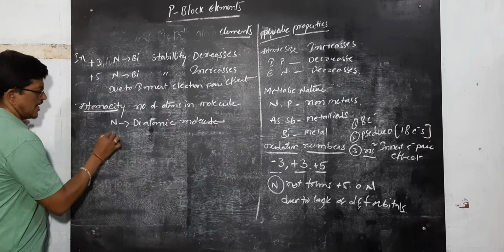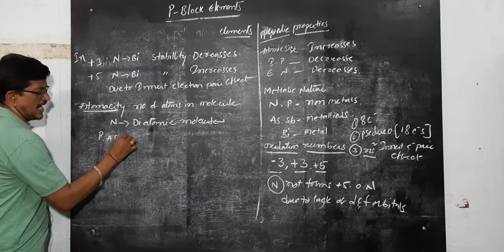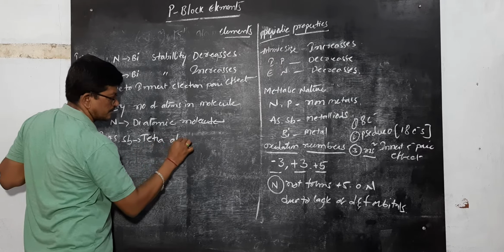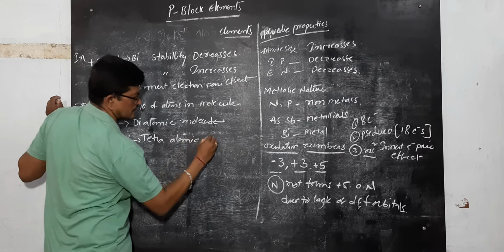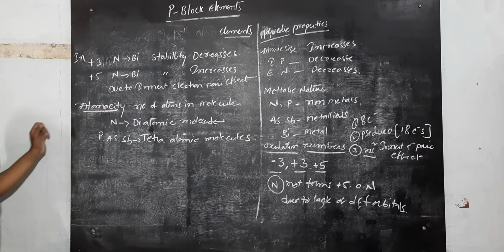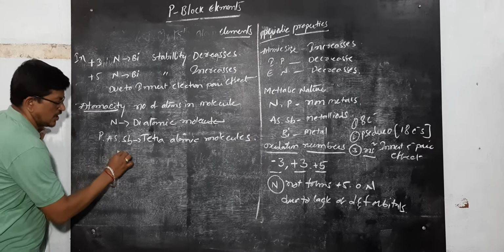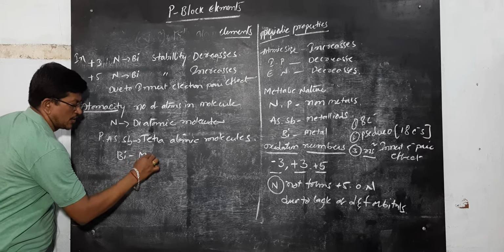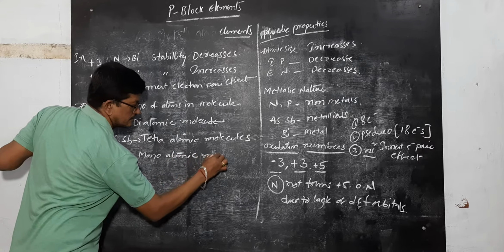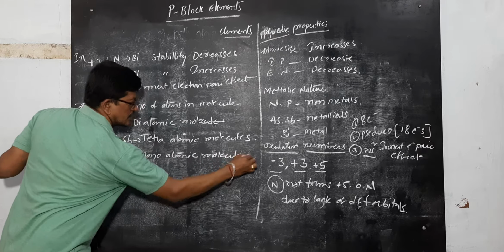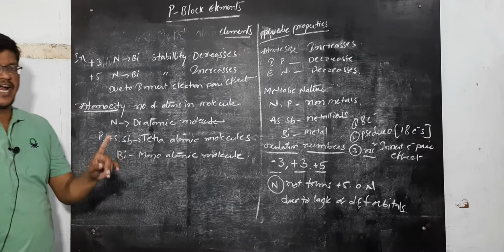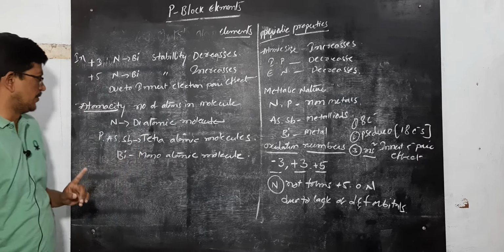Next, phosphorus, arsenic and antimony are tetraatomic molecules. Bismuth is a monoatomic molecule, that means only one atom exists in the bismuth molecule.